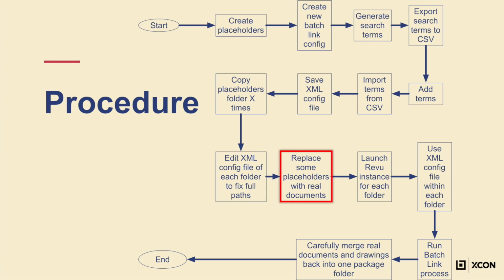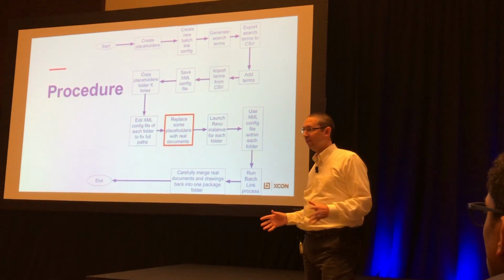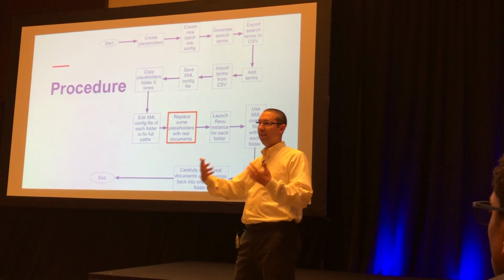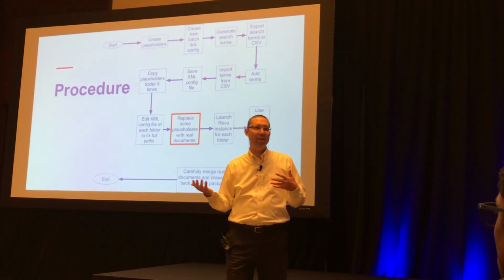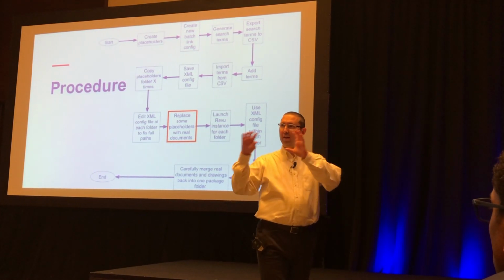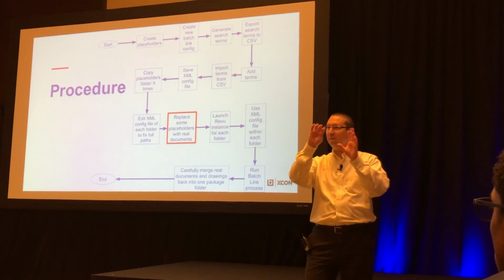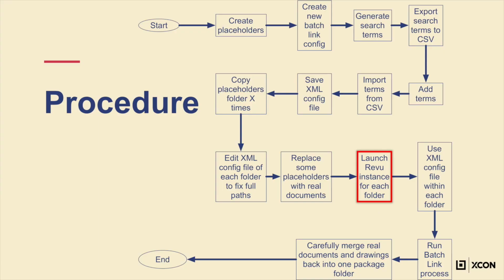Now you're ready to put some of your actual documents with content. Because remember, the whole point of this is to actually make links in your drawings and documents. And so we need to put the real drawings and documents, some of them, in each of the placeholder sets. Then you just launch an instance of Revu for each folder.